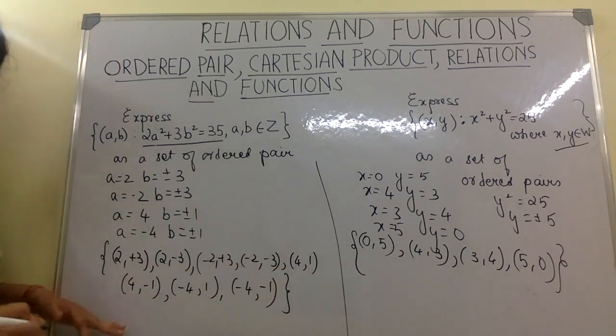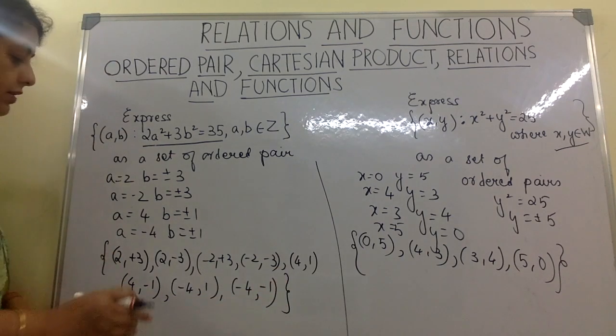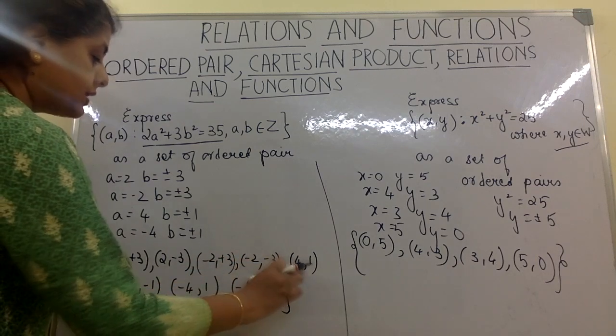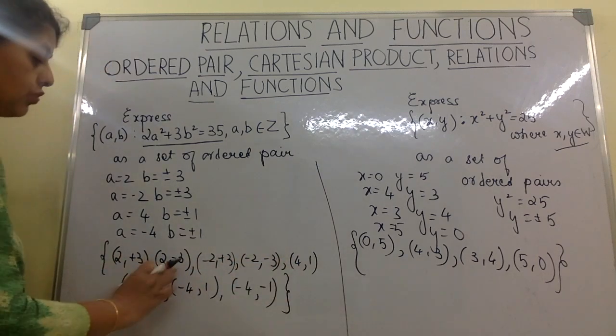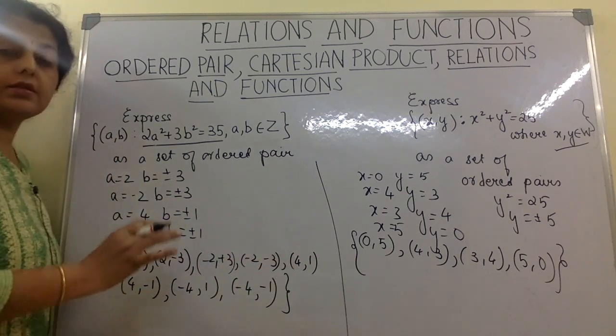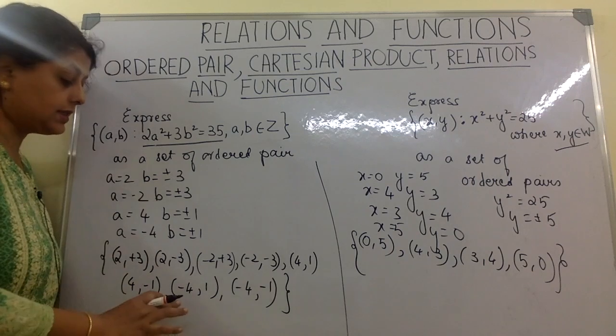So this is the set: 1, 2, 3, 4, 5, 6, 7 and 8. So 8 elements this set has.